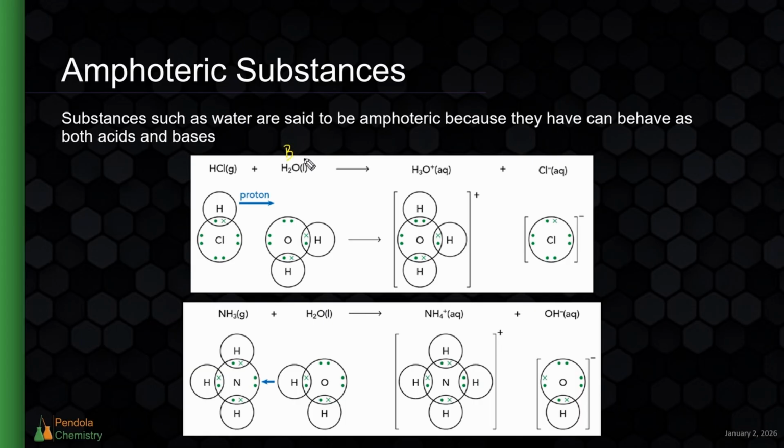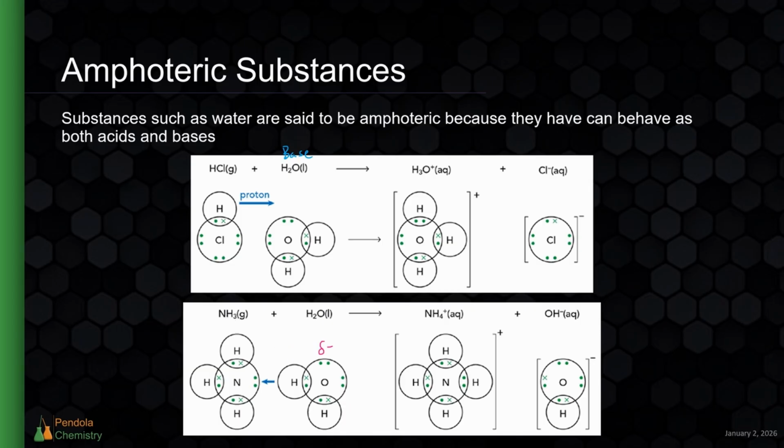So in this example, let me use a different color. In this example, water is acting like a base. However, water also has removable protons. In water, the hydrogens are partially positive, whereas the oxygens are partially negative.